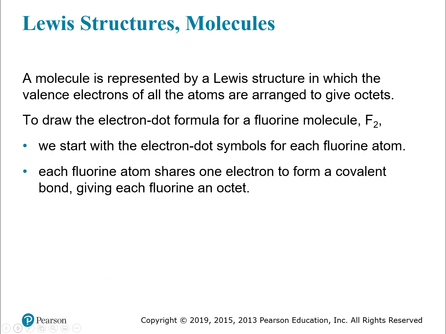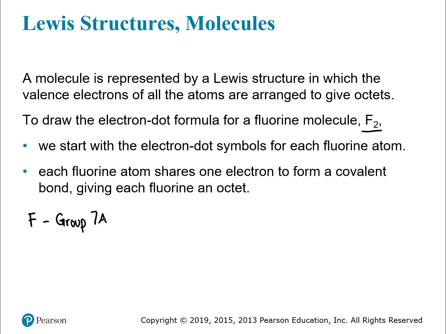Let's start drawing one. Let's say that we want to draw the formula for a molecule of fluorine, which is F2. You're going to start by just drawing the dot symbol for a fluorine atom. And to refresh your memory, to do that, you have to figure out how many valence electrons there are.